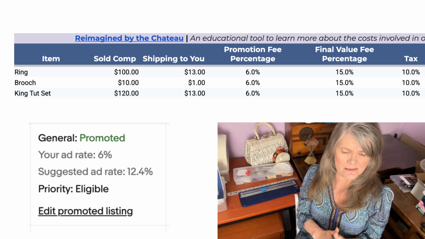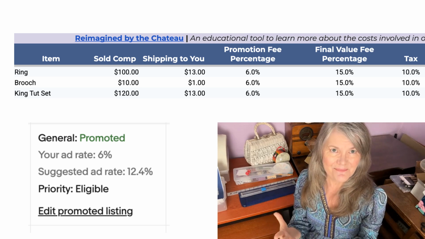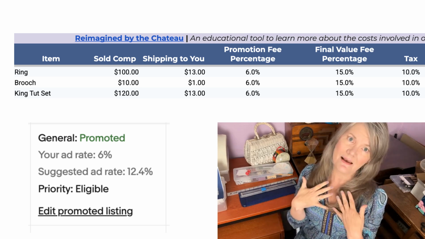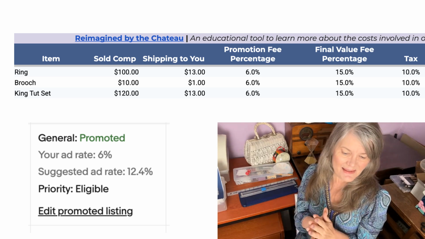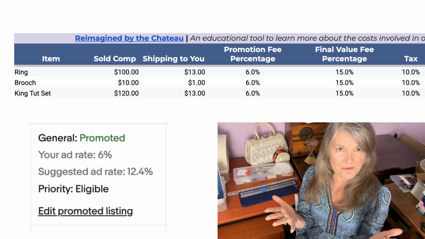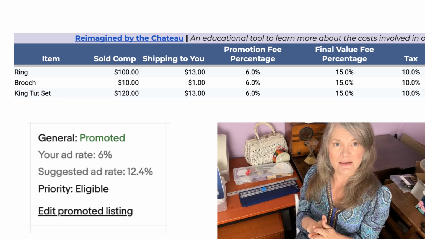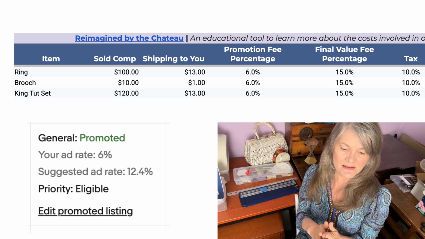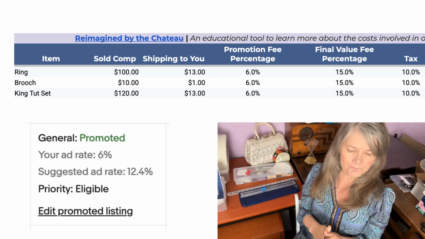The next fee is the final value fee. On eBay, when you sell jewelry like I do, it is 15%. If you sell on other platforms, Poshmark is 20%, Mercari is 10%. You can change that to the percentage for your platform.